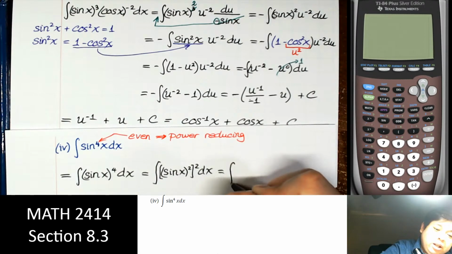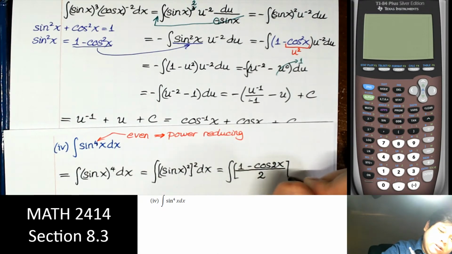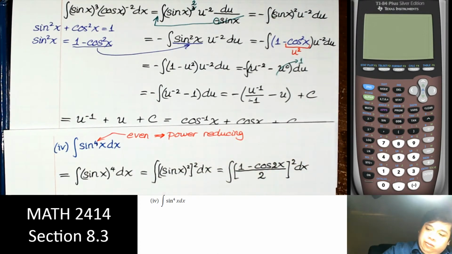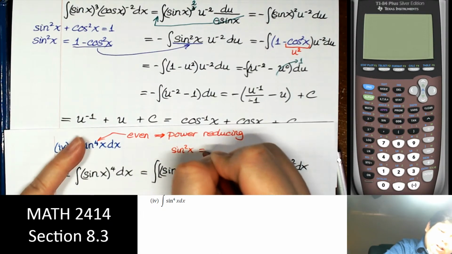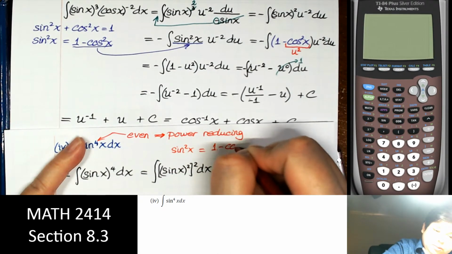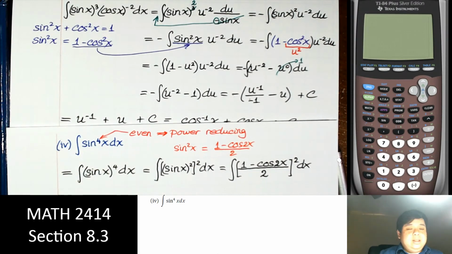And then the power reducing: sine square is going to be 1 minus cosine of double the angle, divided by 2. Right. The power reducing, sine square is 1 minus cosine 2x over 2. And then we square it, and when we square we still have a square, so still power reducing after that.